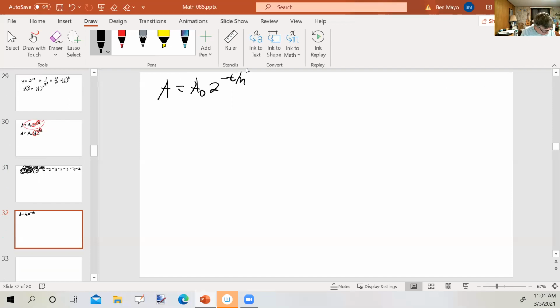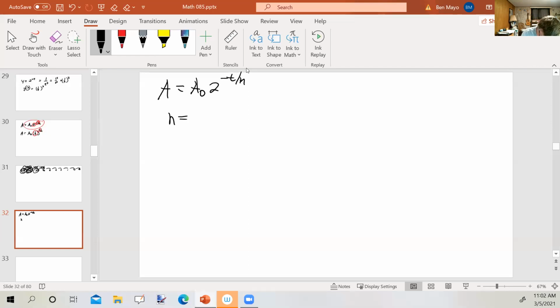Here is a problem. And I don't know if I'll pronounce this correctly. If you're a chemistry major, you might know better than I do about this, but tritium, T-R-I-T-I-U-M, tritium decay. The half-life of tritium is 12.4 years.